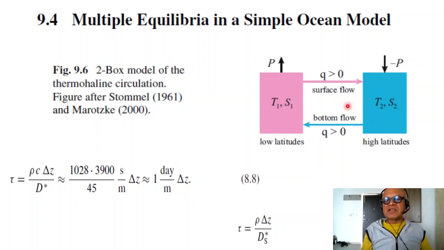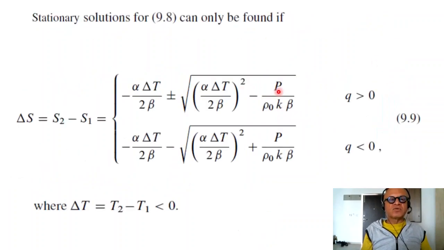So you have thermally direct circulation, or the other way where you can take water from there to there. So you can have a stable solution for minus alpha delta T. So this expression where Q is less than 0, which means you have an indirect circulation happening, water rising in the cold part and sinking in the warm part. Okay, so here delta T is assumed to be T2 minus T1 less than 0.